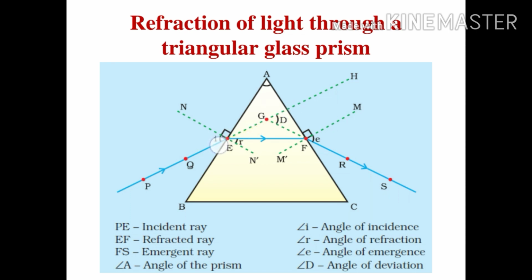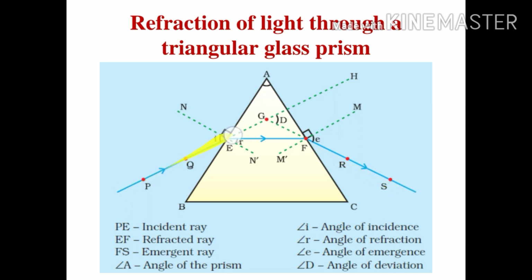It will bend towards the normal, and when it falls on the other surface, it would have gone in this direction if it had not bent. But as it is going from denser to rarer, it will go away from the normal. This is the normal to this surface, so it will go away from the normal.